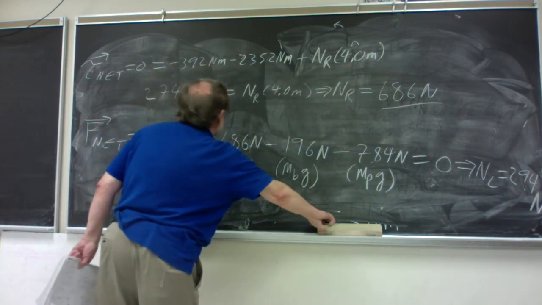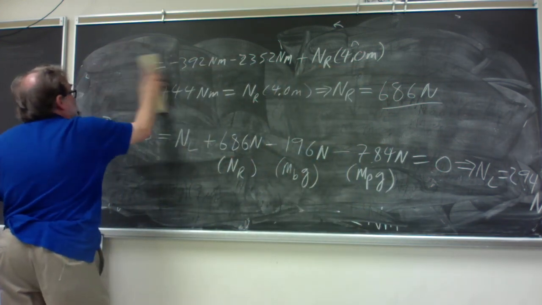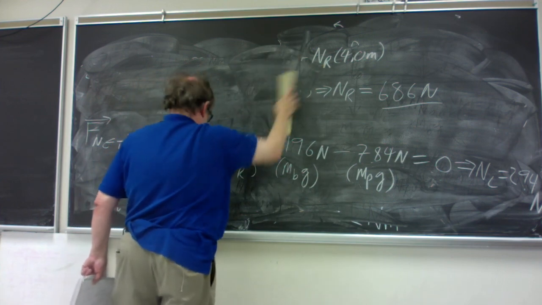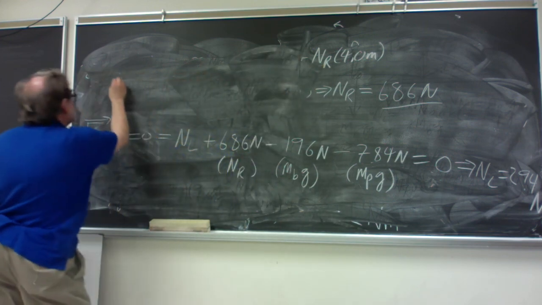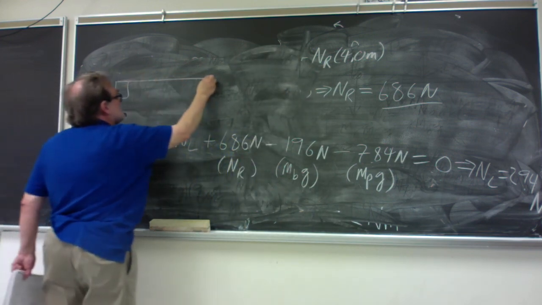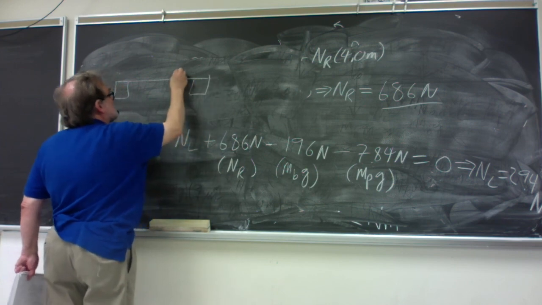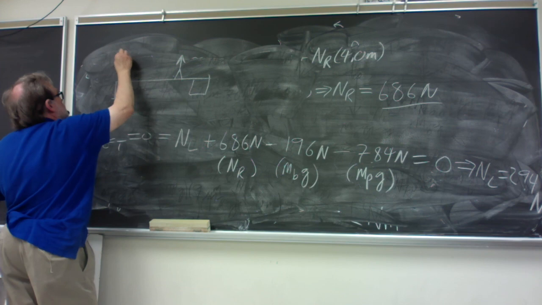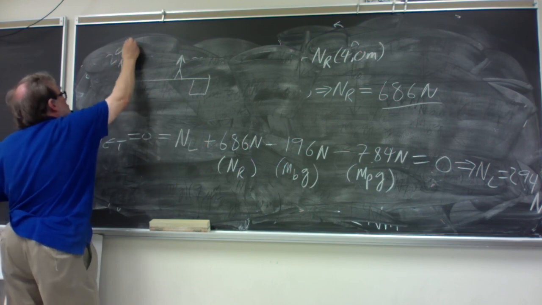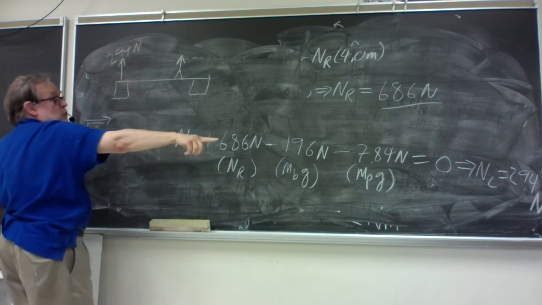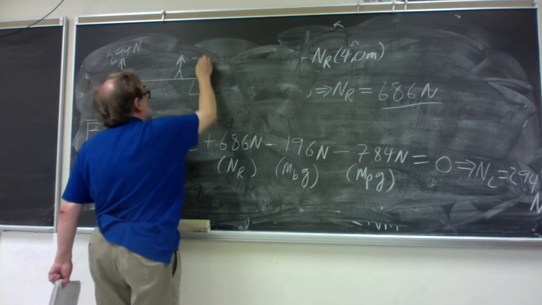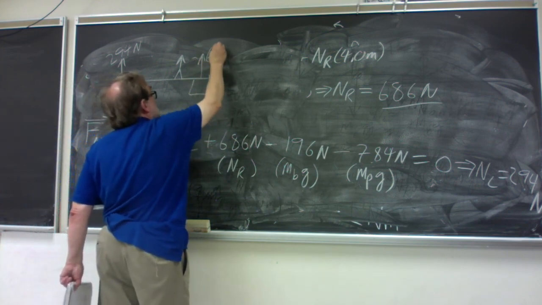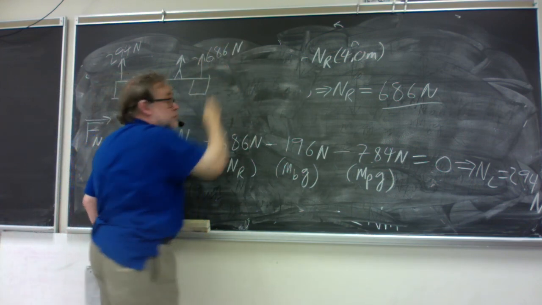So, notice one thing here. The upward force here, NL, was 294 newtons. The force over here, NR, was 686 newtons.